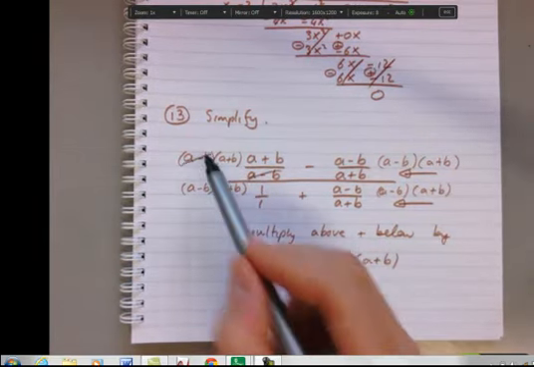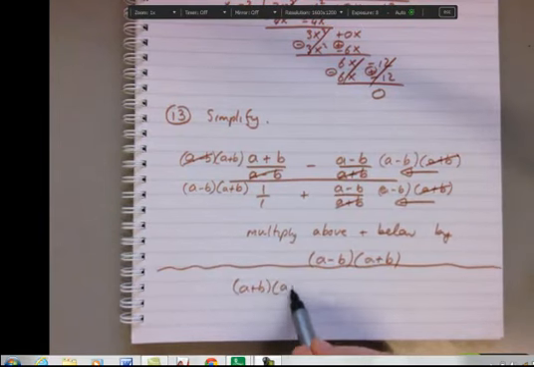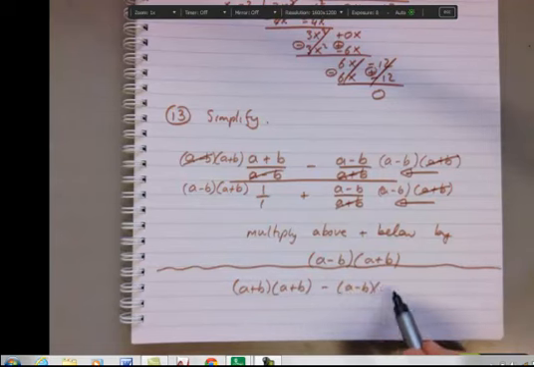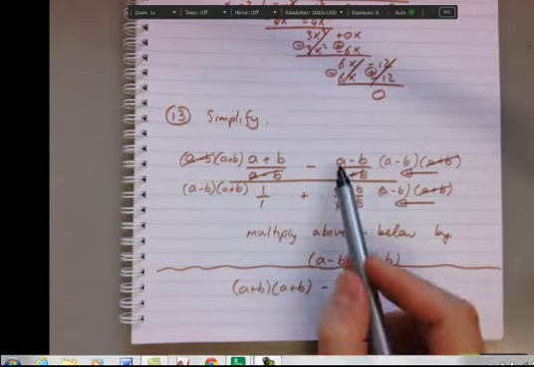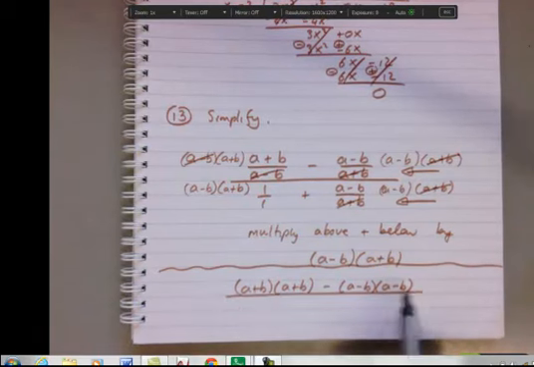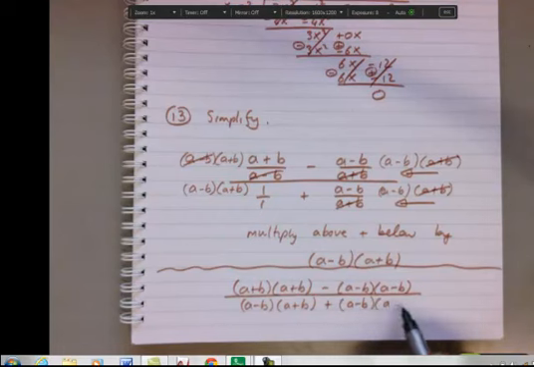I'm just going to tidy it up and then I'll bring it over. So I'm going to have a plus b by a plus b, minus a minus b, a minus b. So that's coming from here and from here. All over a minus b, a plus b, plus, and just tidy this a little bit here, a minus b, a minus b.